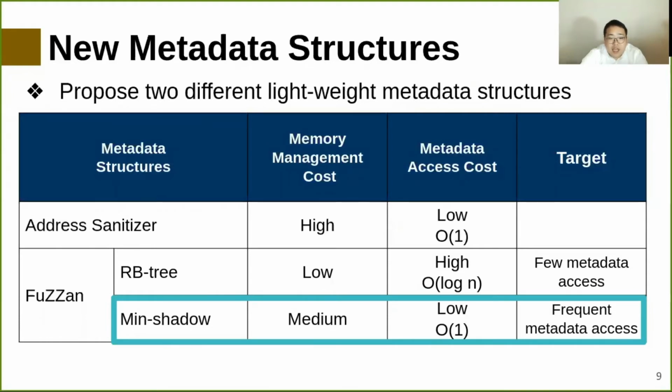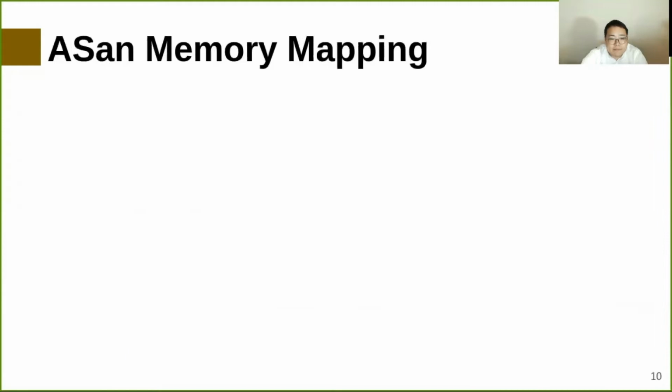As Address Sanitizer maps the target application's address space into the shadow memory, to maintain a corresponding compact shadow memory, we forcibly shrink the application's memory space. Therefore, mean shadow mode has a lower memory management cost than Address Sanitizer while keeping the same metadata access cost. So mean shadow mode is designed for target applications with frequent metadata access.